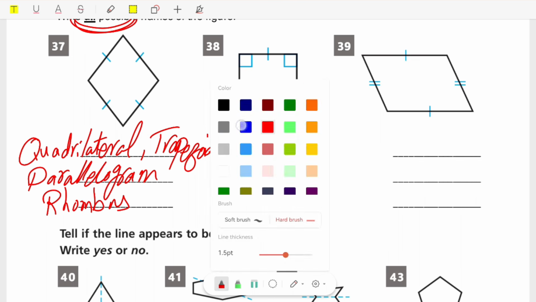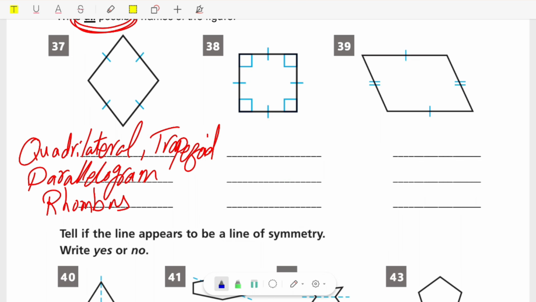Okay, let's go to the next one. So this is so obvious. All sides are equal and all angles are right angles. So if all angles are right angles, and all sides are equal, it means it's a square. And we said that the square is the king of shapes.